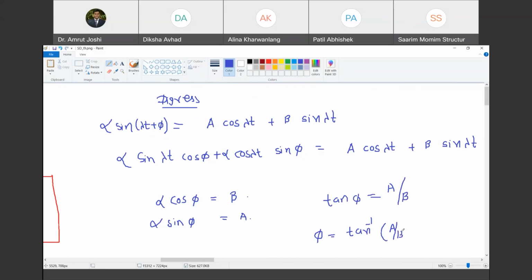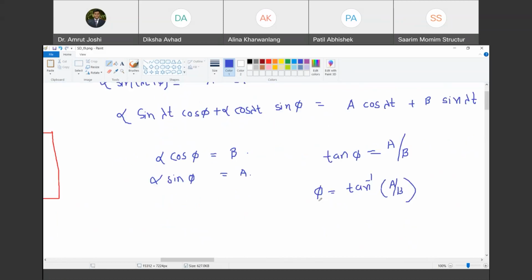Do you know A and B? Yes, I know A and B. Knowing A and B, I can find out phi. Are you with me? Now if I were to find out alpha, what should I do? Square and add these two equations. Alpha square sin square phi plus alpha square cos square phi. Sin square phi plus cos square phi is 1. So alpha square, ये square and add किया अगर मैंने.